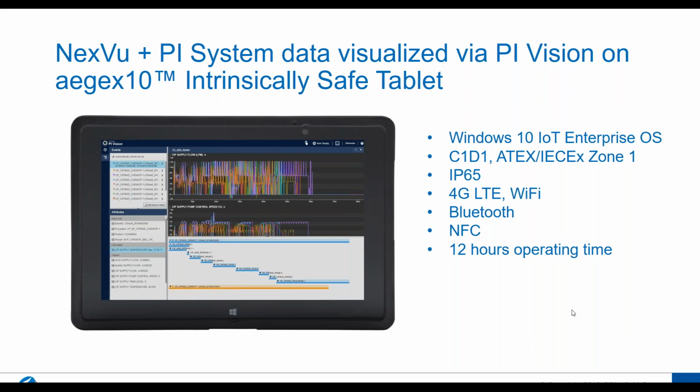The PI Manual Logger or other apps like photos, scanning, etc., can also be used on the Aegex 10 tablet to manually collect data. And then this data can be used alongside the automatically collected data from NexVu to get even more insight into a hazardous environment.